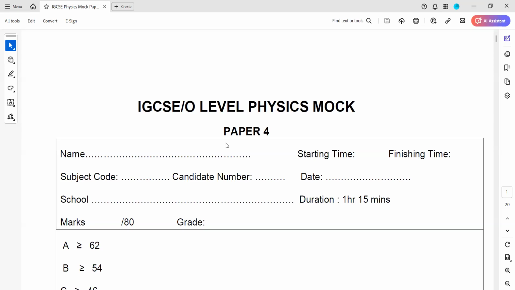Okay. So we will start the session with a discussion of mock one, the paper four mock set one, and then after this we'll discuss the set two as well.